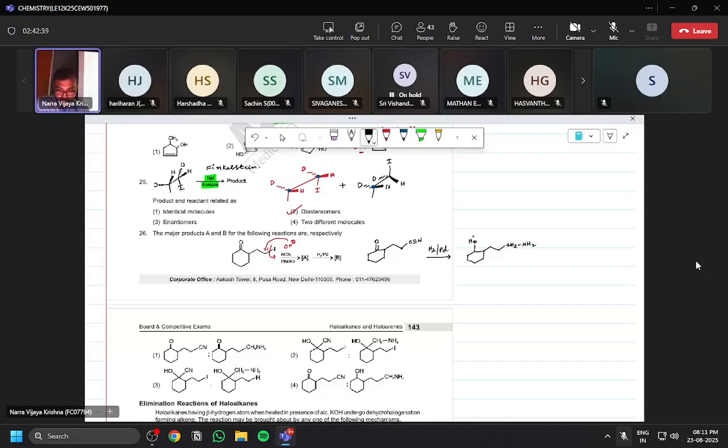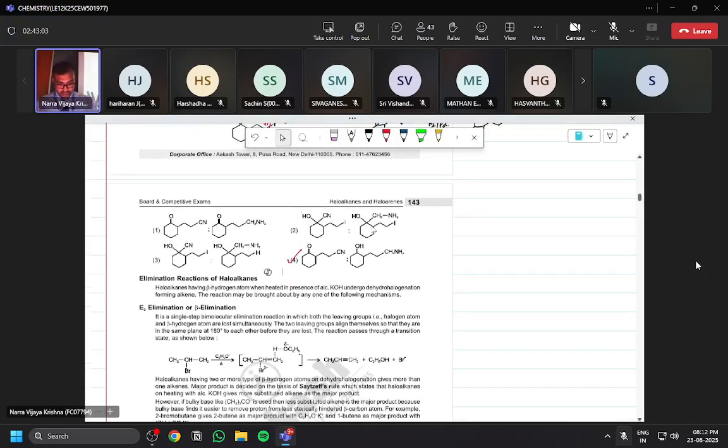Means the answer should be the fourth option, because all pi bonds should be reduced. Because it is hydrogen in presence of nickel, platinum, or palladium. Sabatier-Senderens reduction: hydrogen in presence of nickel. All pi bonds will be removed and hydrogens added. Right? Next case. That is enough.